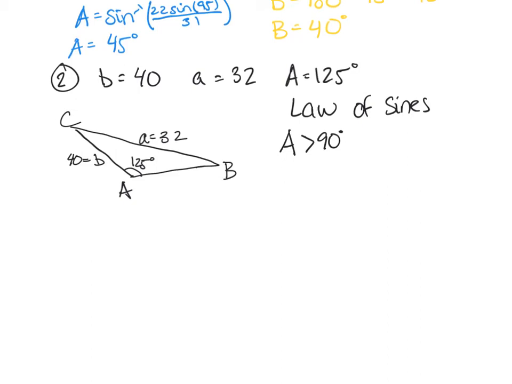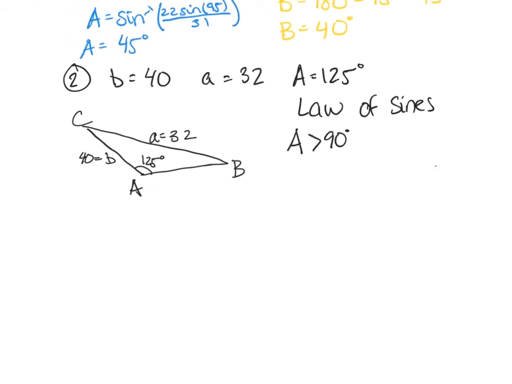That can be found in our first law of sines video. But I notice that this angle is across from 32, but side B, 40, is actually larger, which is a problem because the largest side must be across from the largest angle.